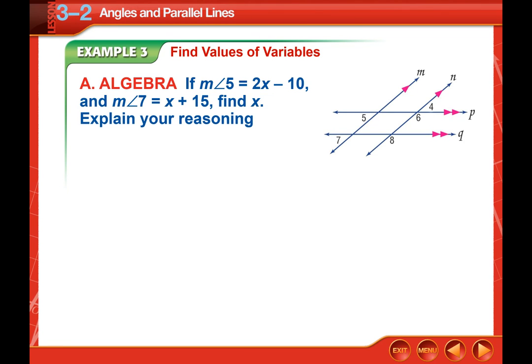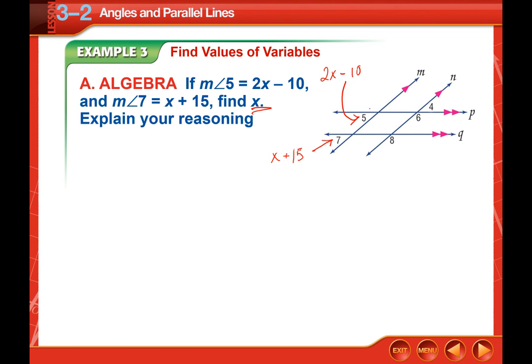We are given that the measure of angle 5, right here, is 2x minus 10. And we're also given that the measure of angle 7 is x plus 15. And we need to determine what x is.